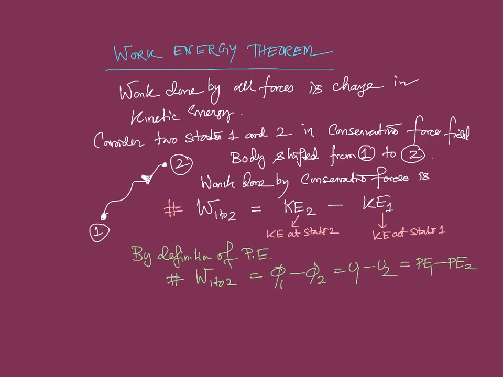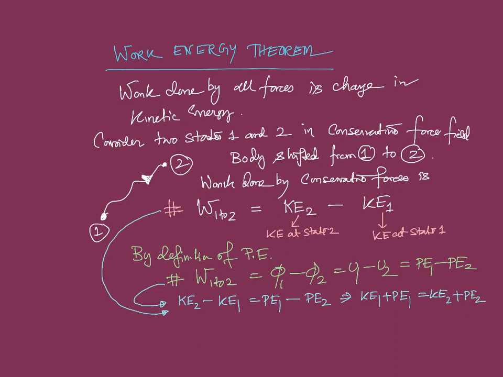So we can equate these two equations and reach the conclusion that kinetic energy at state 2, KE2 minus KE1, equals PE1 minus PE2. That means kinetic energy at 1 plus potential energy at 1 equals kinetic energy at 2 plus potential energy at 2.